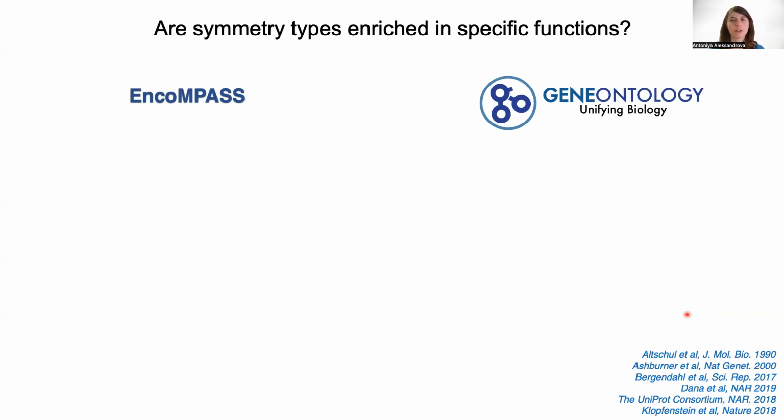As many of you know, the Gene Ontology Project, or GO for short, curates experiment-based gene annotations that describe the gene's molecular function, the biological process they contribute to, or the cellular compartment where the product is active. To connect ENCOMPASS structures to specific GO terms, we relied almost entirely on the SIFTS project.